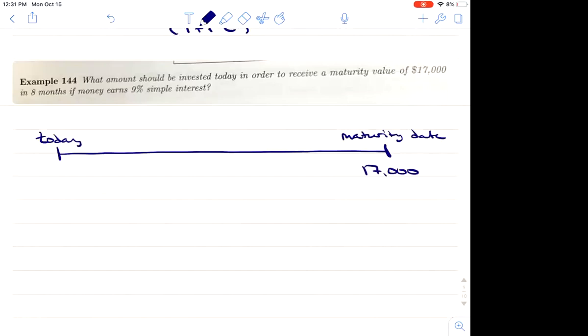It's a bit of a reverse from before, right? So now we're saying, okay, we need to take this back to some P, some principal investment, right? And the time here is still 8 out of 12, right? 8/12 of a year.